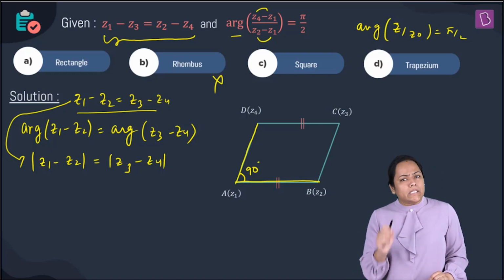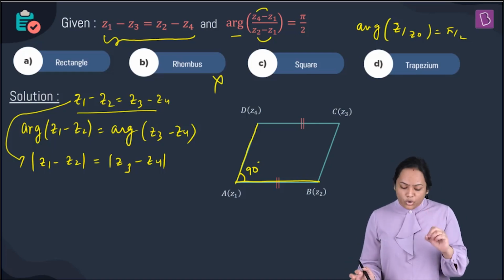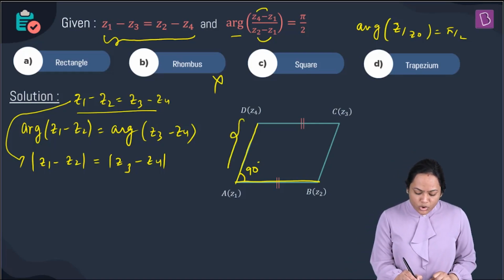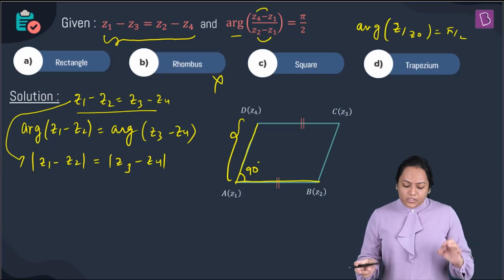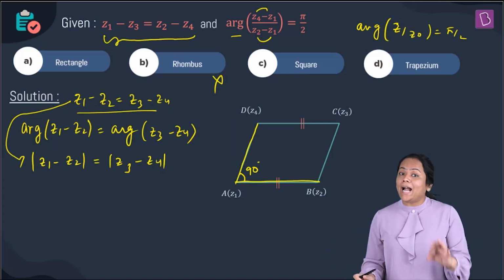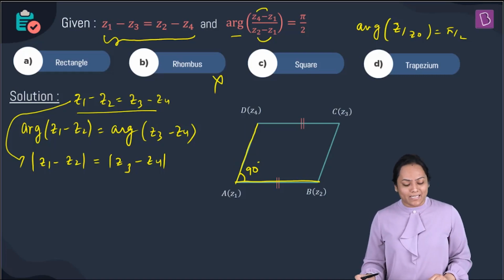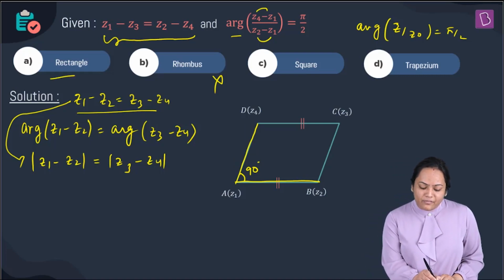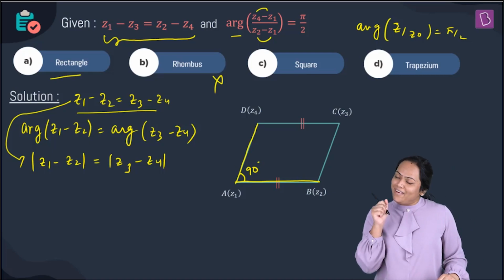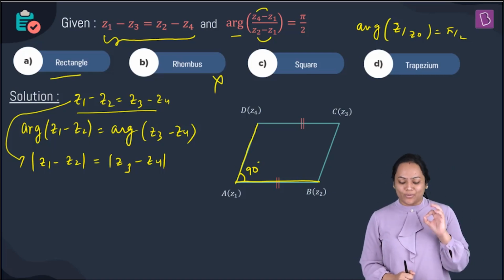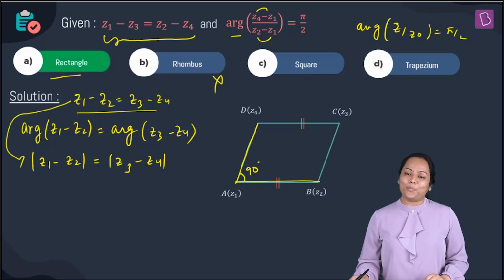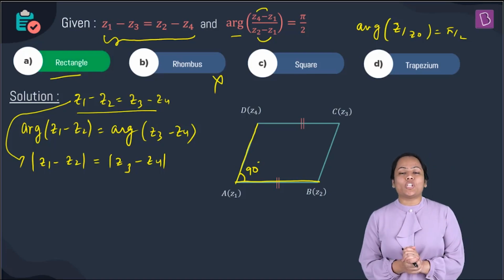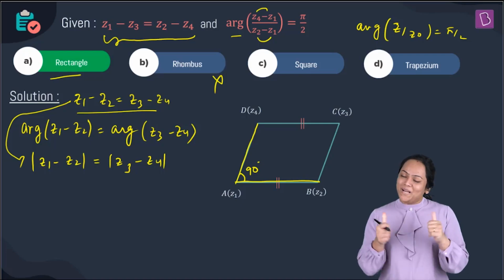We cannot clearly say that it will be a square because for that I need the information about the AD length also, which I cannot find from here. So I can say only one thing: since this angle is 90 degrees, the figure has to be a rectangle. That's right. So this figure will be a rectangle and the answer will be option A. Is this much clear, people? Perfect.